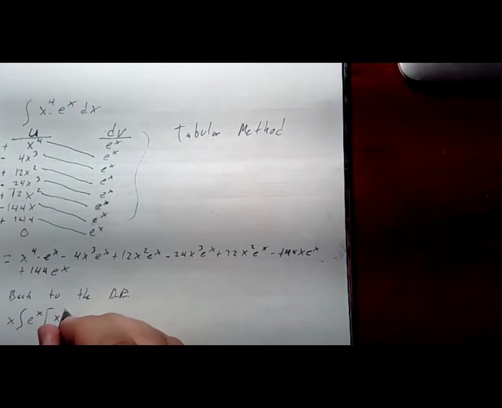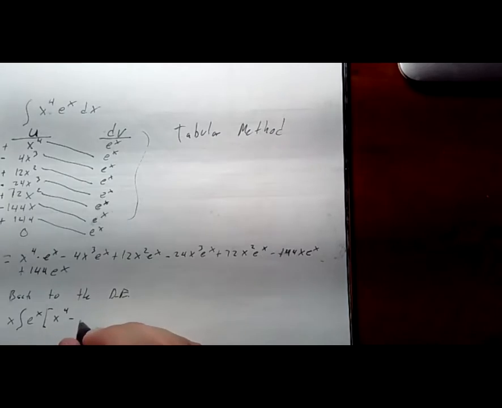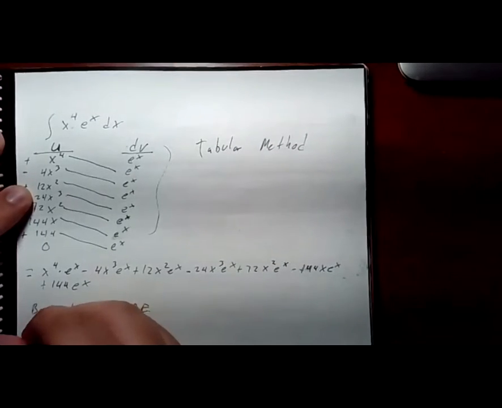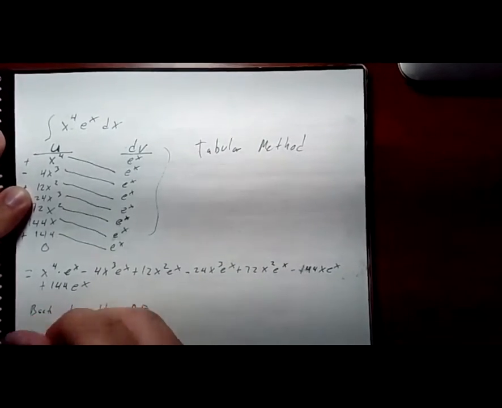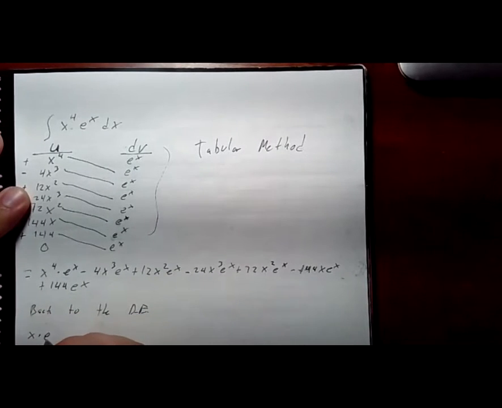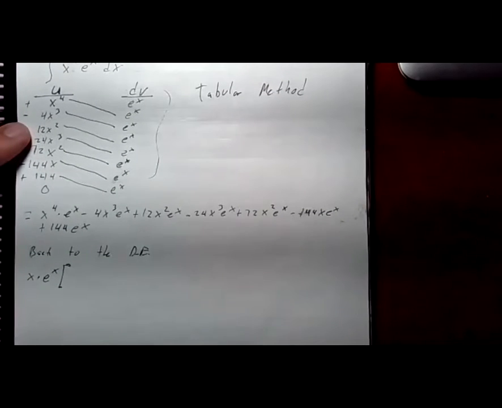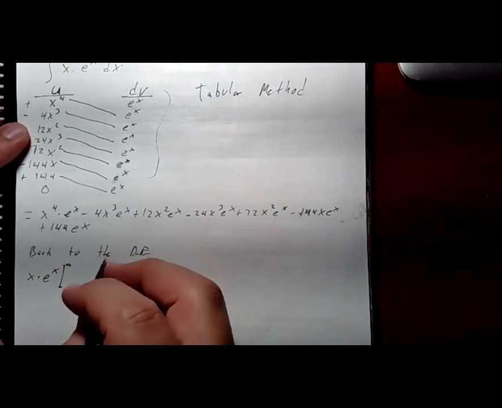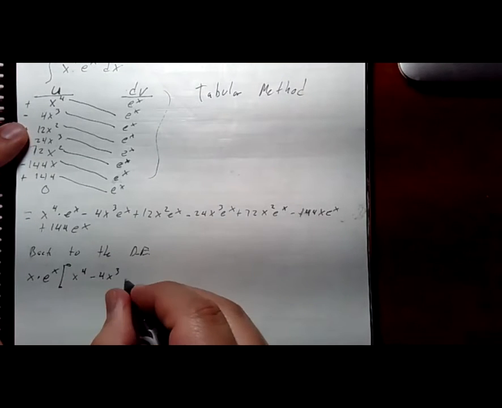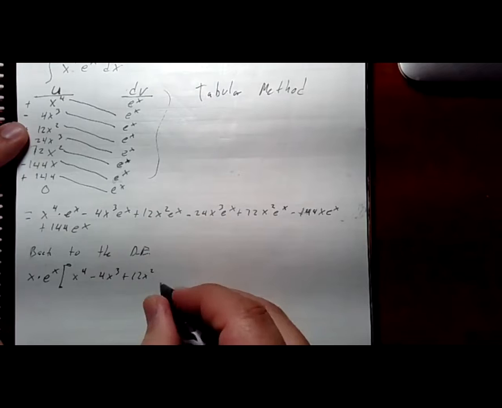Times x to the 4 minus, oh crap, I already did the integral, right? You see that? That shouldn't be there. So it'd be times e to the x, factoring it all out, times x to the 4 minus 4x cubed plus 12x squared minus 20.